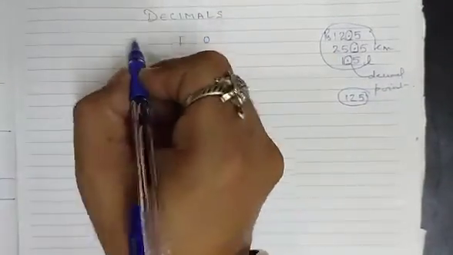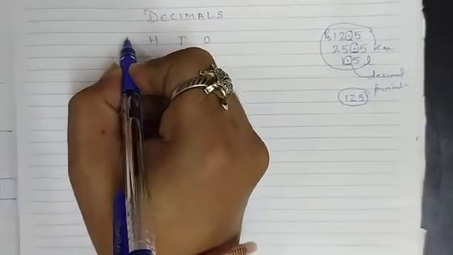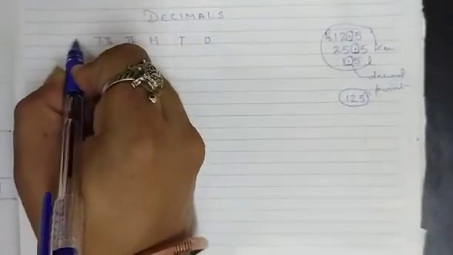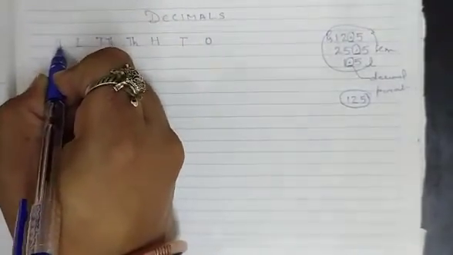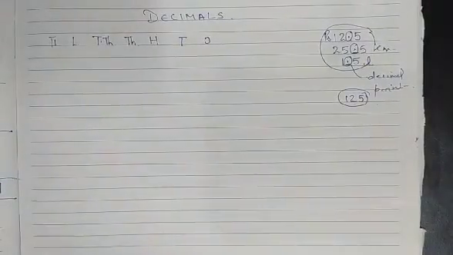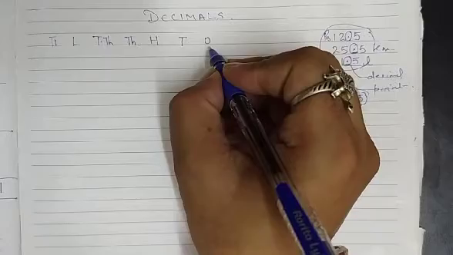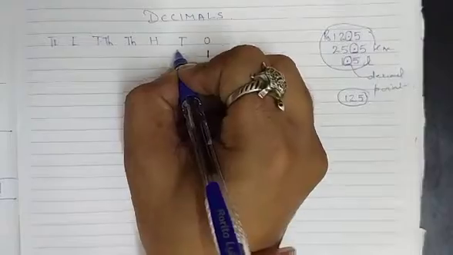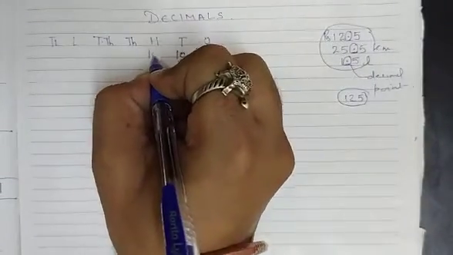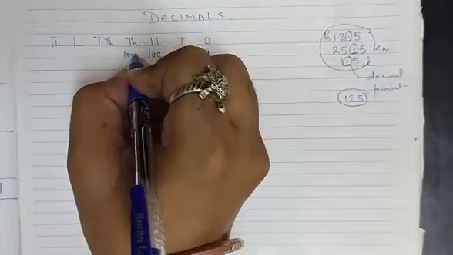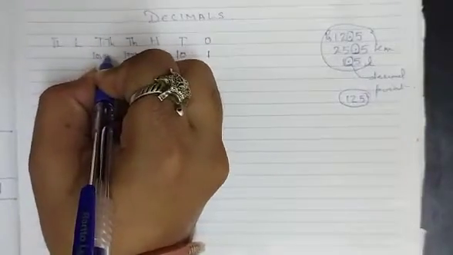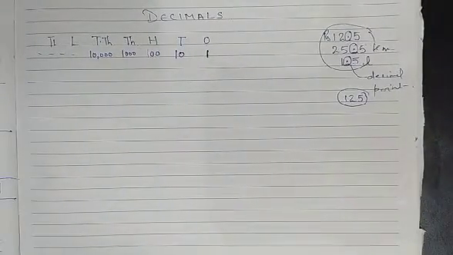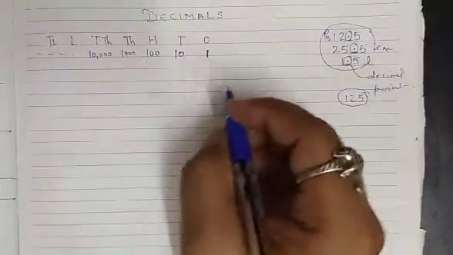Ones, tens, 100, 1000, 10,000, lakhs, 10 lakhs. Right? So it means if it is ones, it means a single number is there. Tens, 10 is there. 100, 1000, 10,000. In the same way, we will move forward. Clear?